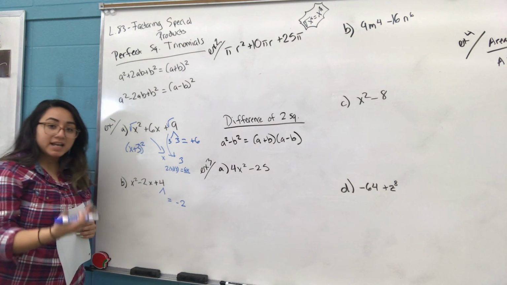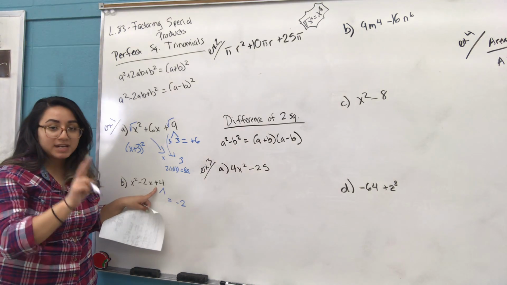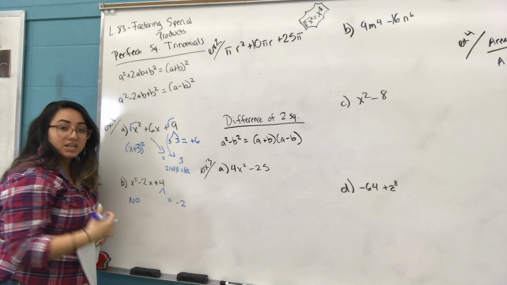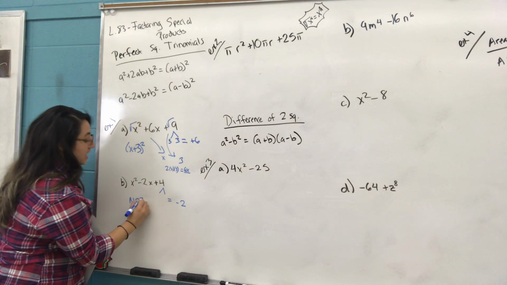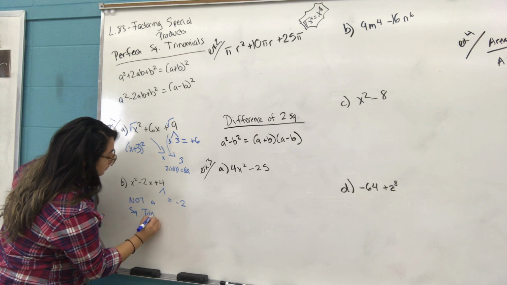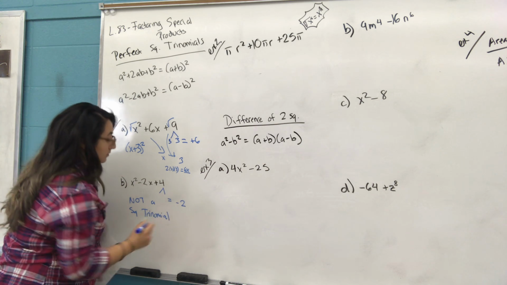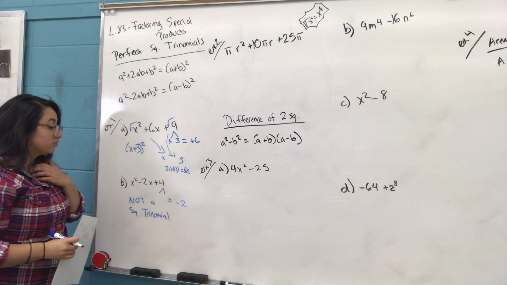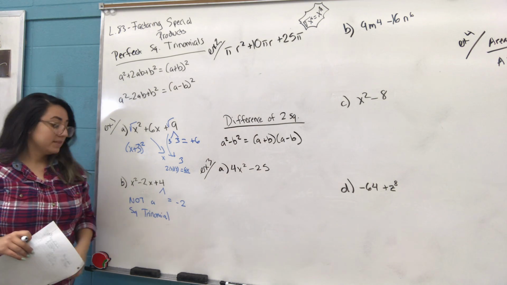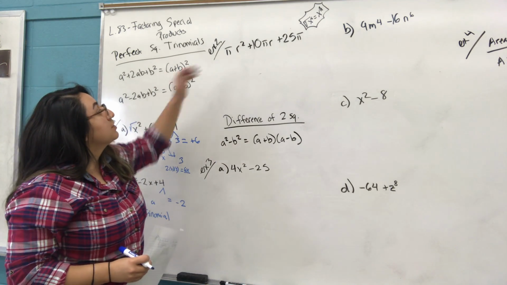Negative 2 plus negative 2, remember, it's positive, so both signs have to match up. In this case, there's nothing that works out. This is not a perfect square trinomial, because when we try to find factors of positive 4 that equal negative 2, nothing shows up. Now let's do example 2.